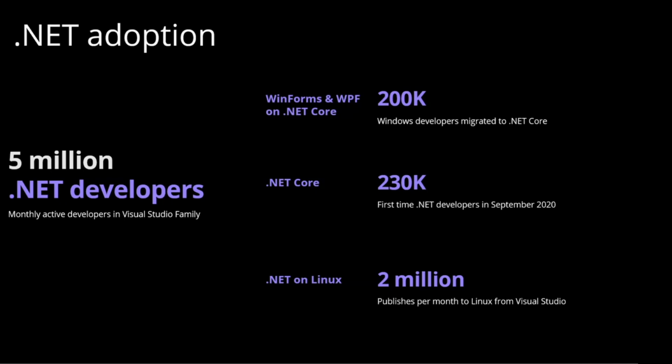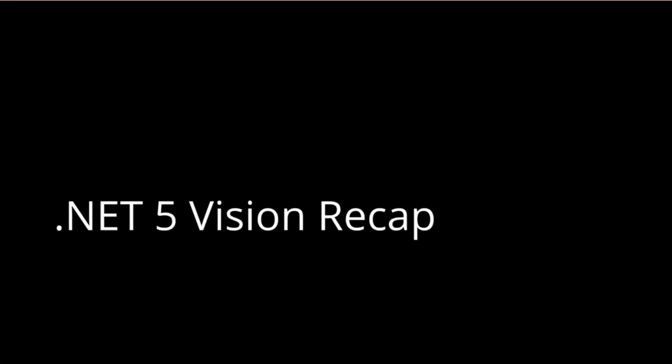And more than 230,000 first-time .NET developers as of September 2020. And we've published more than 2 million applications to Linux from Visual Studio. And this is all based on some of that telemetry that you allow us to collect when you opt in using Visual Studio.